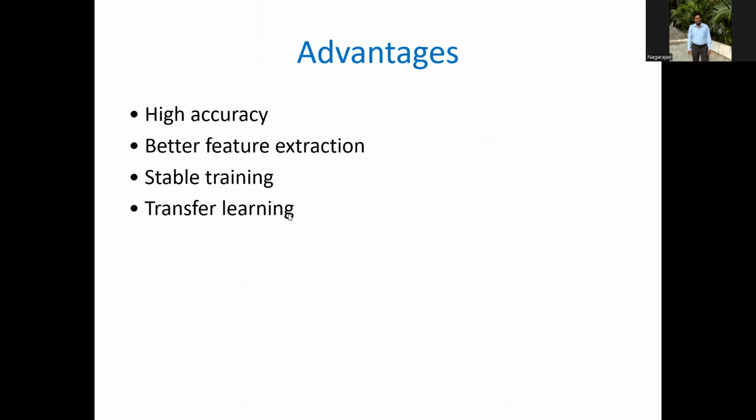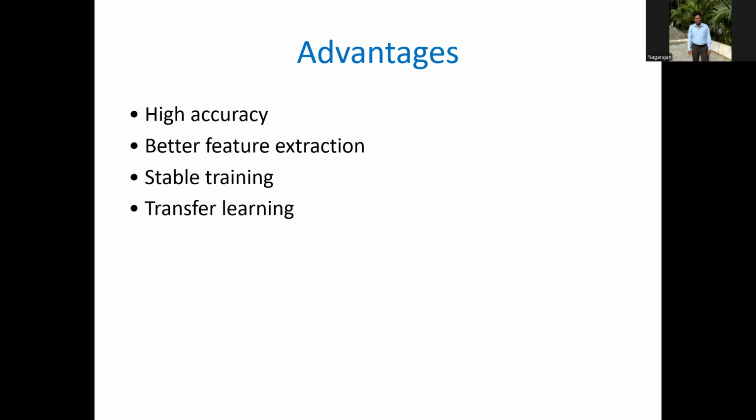Then summary here, and some of the merits of ResNet. It supports and gives high accuracy, supports better feature extraction and feature learning, always gives stable training for deep learning networks, and supports transfer learning. Transfer learning is a deep learning technique in which a pre-trained model is reused for a new task instead of training a model from scratch.